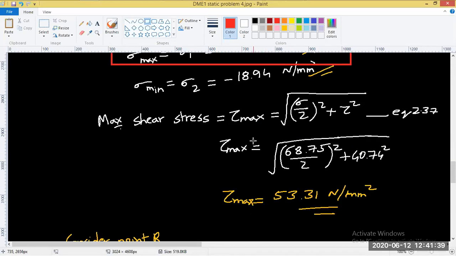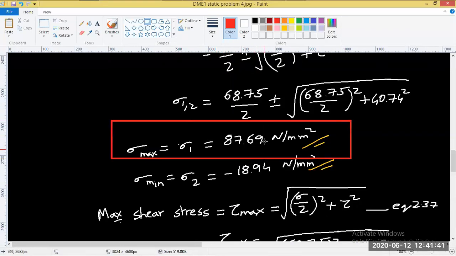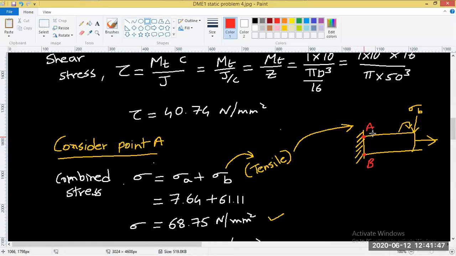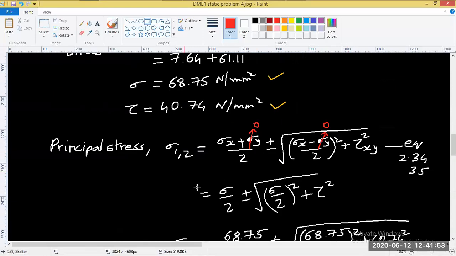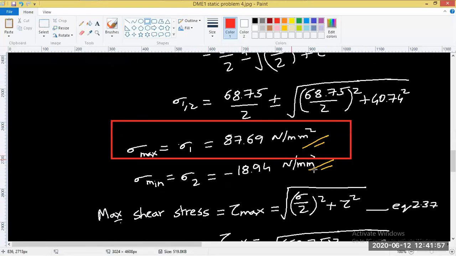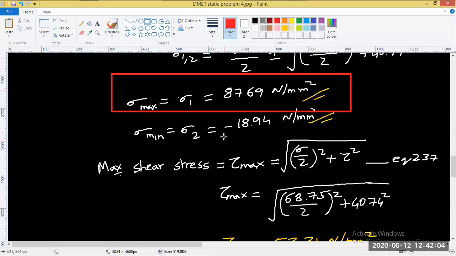So that's how we design. Maximum stress is this. Until we find the principal stresses, we won't know which is the critical section. We don't know whether A is more prone or B is more prone to failure. Only when you find the principal stresses and check minimum and maximum, only then you come to know which is the weaker point or weaker member here.